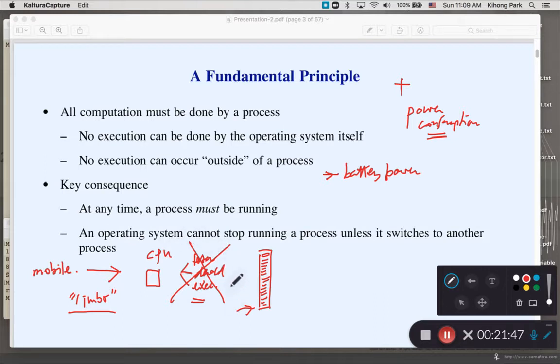For what reason? Because of heat generation. All of these computing activities, fetch, decode, execute, have a byproduct, which is heat. And as you know, heat is a big problem, and it's the enemy of computing systems.